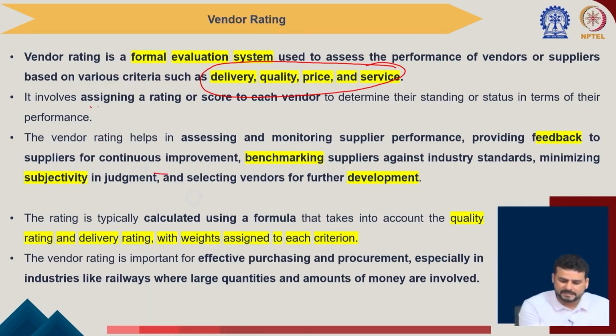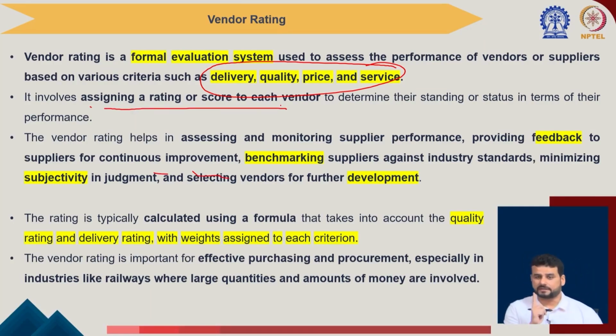So the basic purpose is to assign a rating or score to each vendor. Now when we evaluate 1, 2, 3, 4, 5 vendors, that means we are prioritizing based on whatever predetermined set of criteria there is, right. So this will help you make informed decisions when you go for allocating the orders to different vendors.